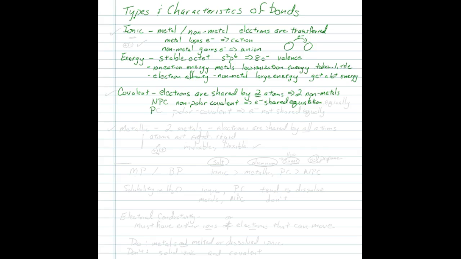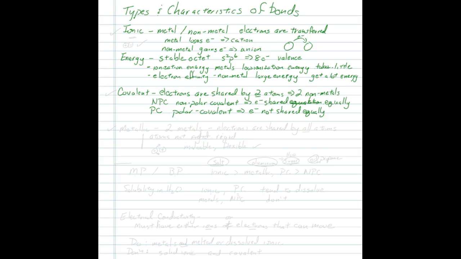And then you have polar covalent, which means the electrons are not shared equally. We'll talk more later on why they are not shared equally, but let's say that the electron spends more time around one of the two atoms than the other.